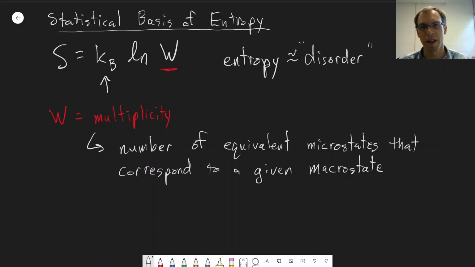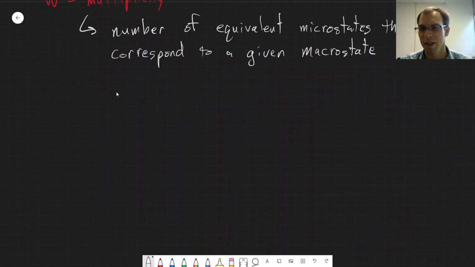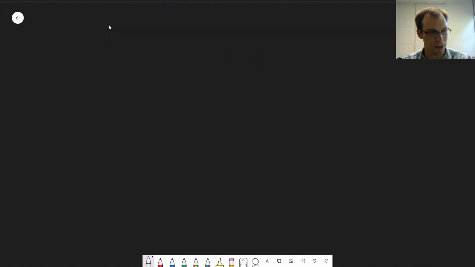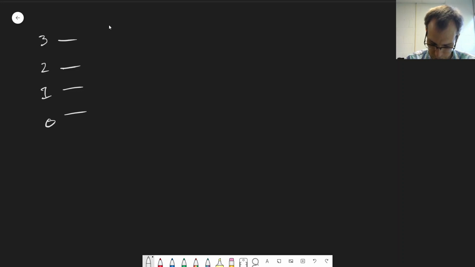The best way to explain this is by example, where we're looking at a small number of particles. Let's imagine we have a quantum system that can be in 4 different energy levels: energy levels 0, 1, 2, and 3. Each of these has an energy equal to that level.